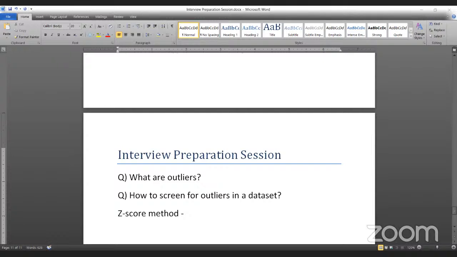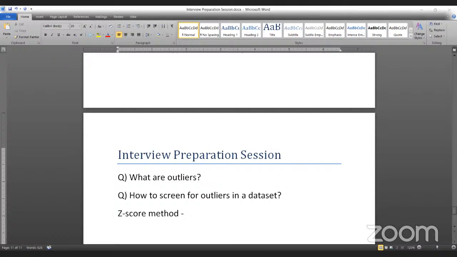If the z-score is negative, then the data point is below the average or mean. If the z-score is close to 0, then the data point is close to the average. And if the value of the z-score is above or below 3, then it is considered an outlier.